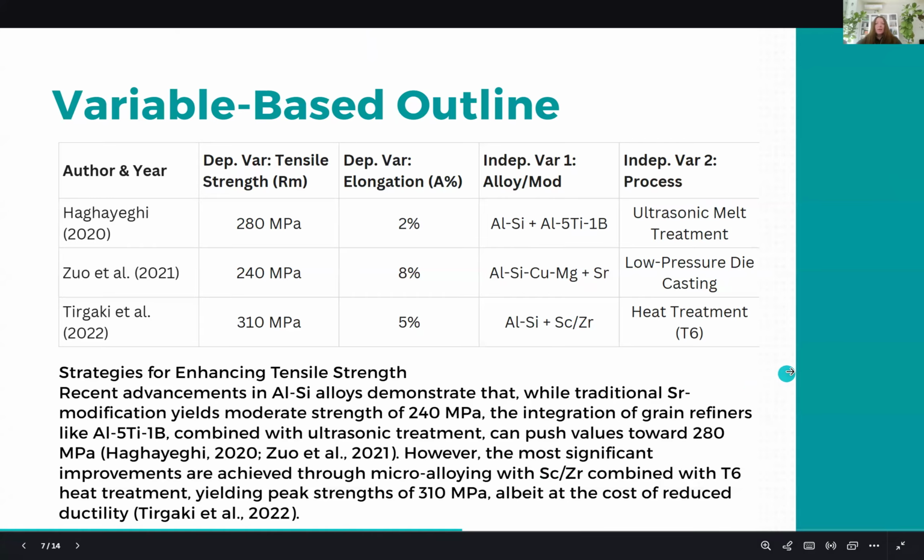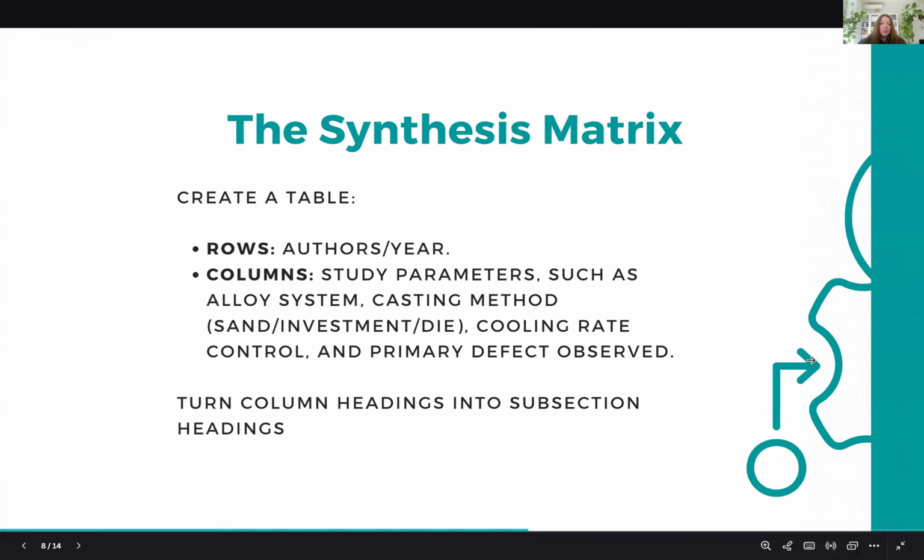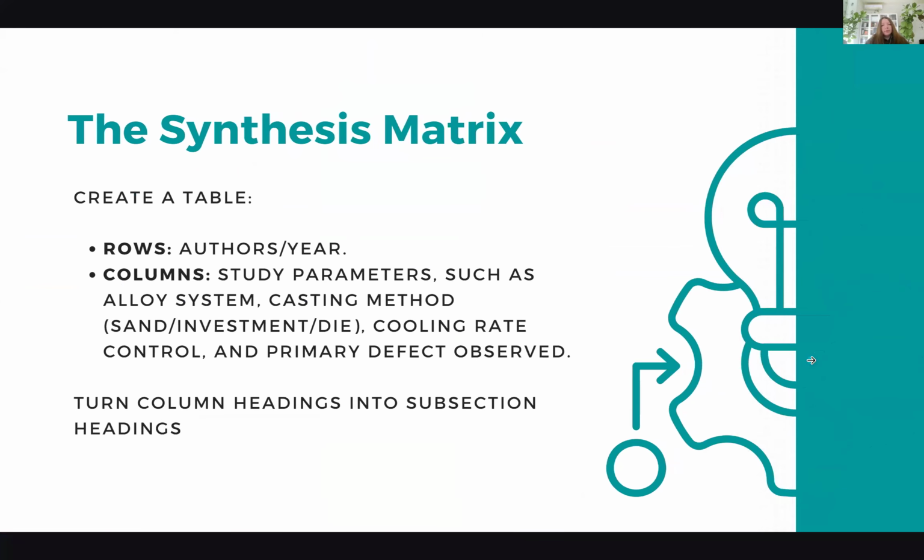Okay. Then let's move on to the synthesis matrix. It works kind of like the previous one, but without the complication of identifying independent and dependent variables. Instead, you create a table using rows to specify specific authors and year of publication, and the columns are your study parameters.